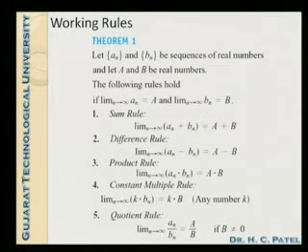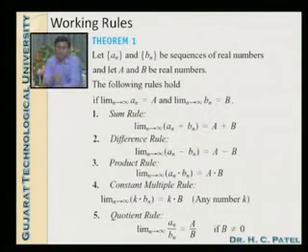Here are the working rules of limits, which maybe you are familiar with from school education. Let a n and b n be two sequences of real numbers and A and B two real numbers, then the following rules hold. Limit n tends to infinity a n is equal to capital A and limit n tends to infinity b n is equal to capital B. That means both sequences are converging to A and B respectively.